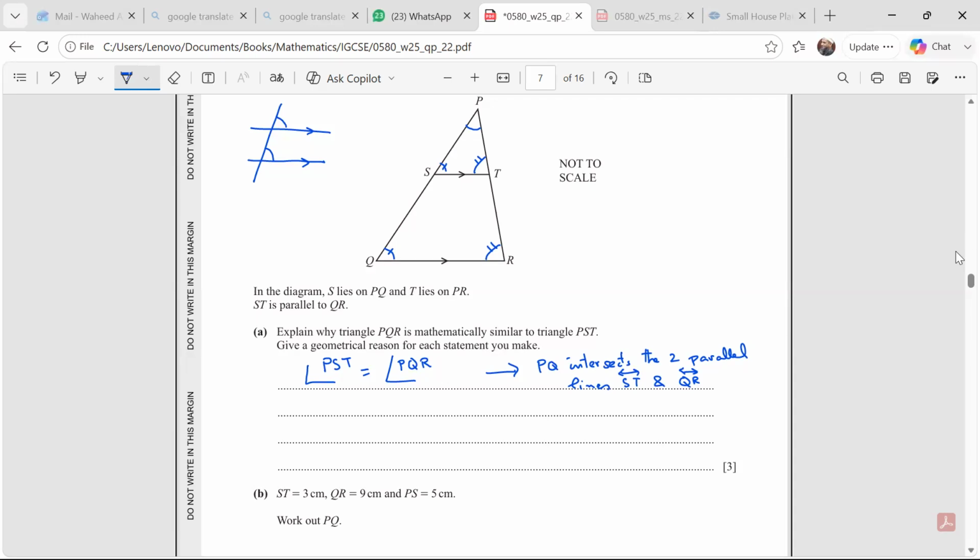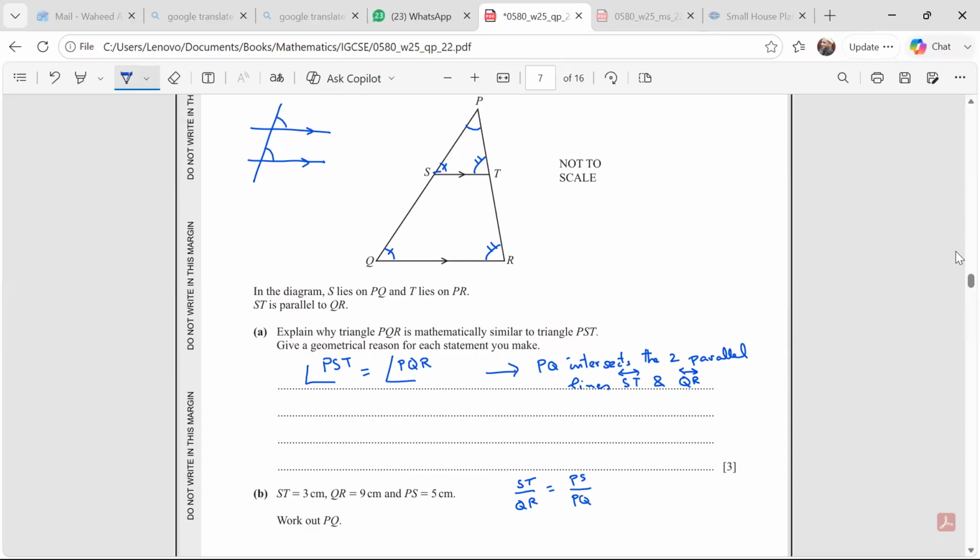Whatever is the ratio between ST and QR, smaller side divided by the bigger side, it is going to be the same as PS over PQ.